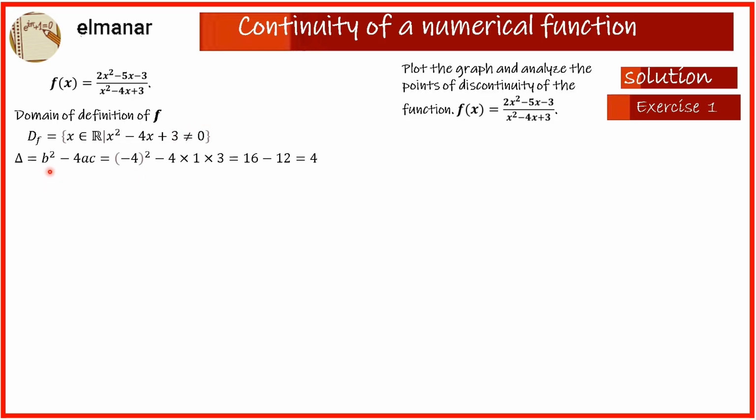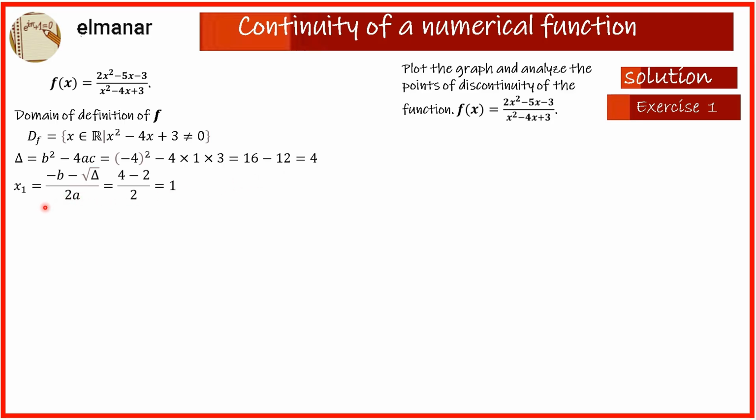Remember, delta is b squared minus 4 times a times c. Here, a is 1, b is minus 4, and c is 3. We calculate minus 4 squared is 16. Then minus 4 times 1 times 3 is minus 12. So 16 minus 12 gives delta equals 4.